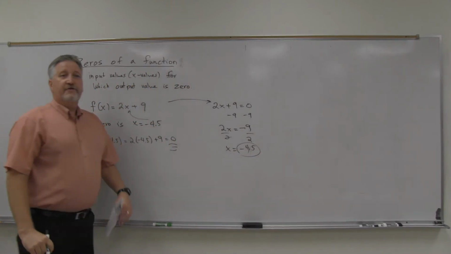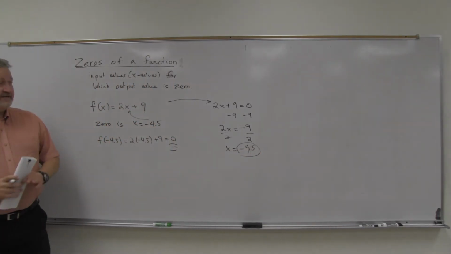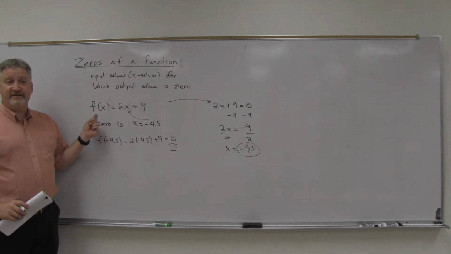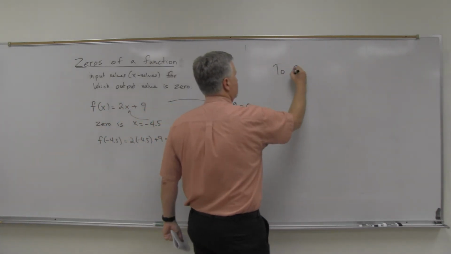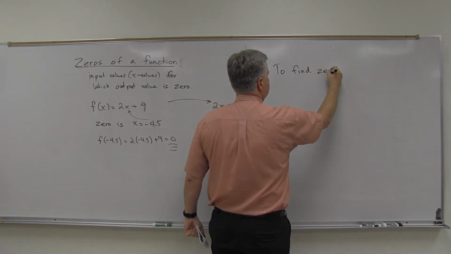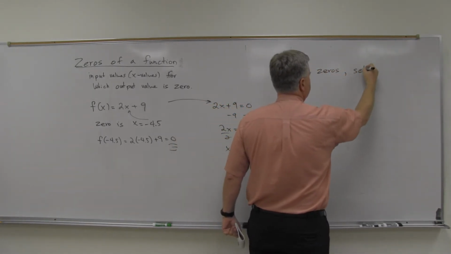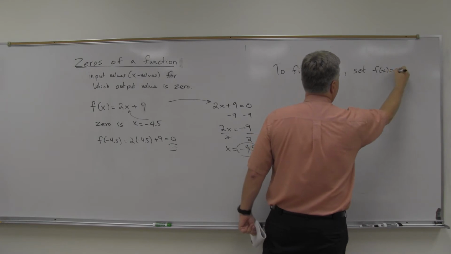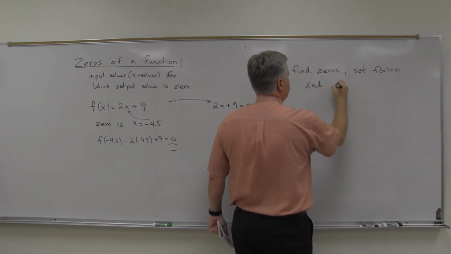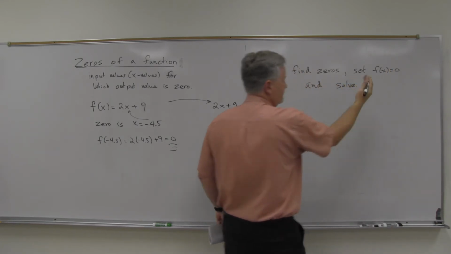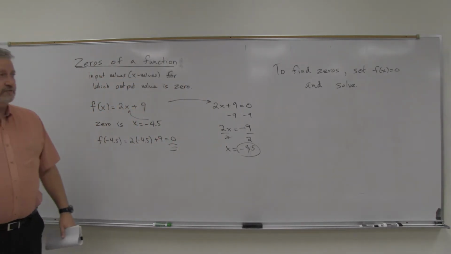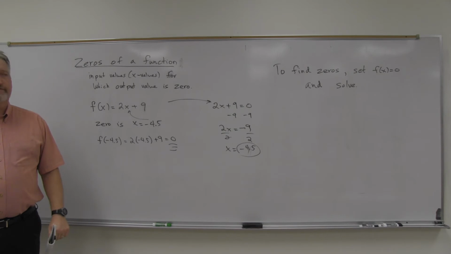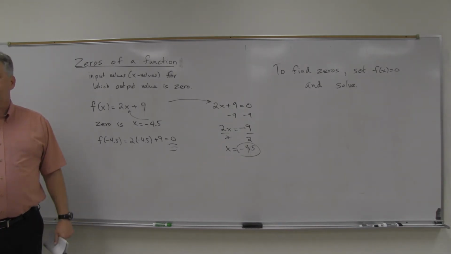Okay, so that's how you find zeros, is you change f of x to 0. So that's our strategy. To find the zeros of a function, you set f of x equals 0, and you're going to solve for x. And that'll give you your zeros.